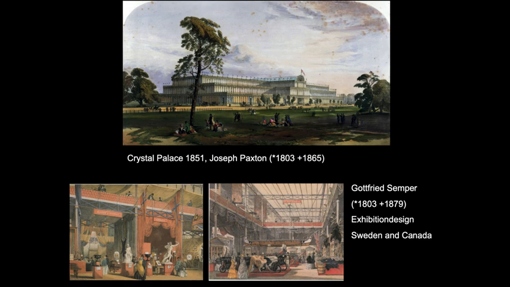Let me give you some more information about the new material of iron. You might say, why don't they use, for example, Gothic elements with these small bricks and the high transparency we saw in the Gothic buildings, or why don't they use wood?